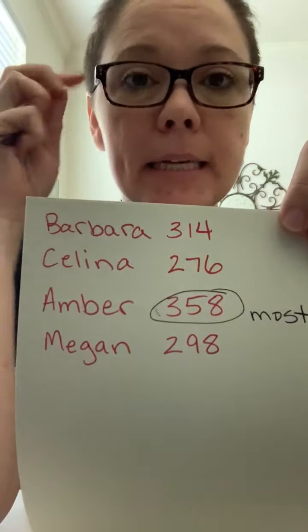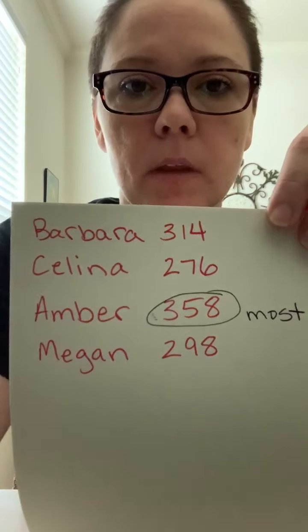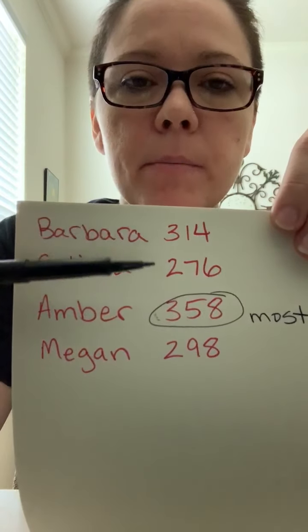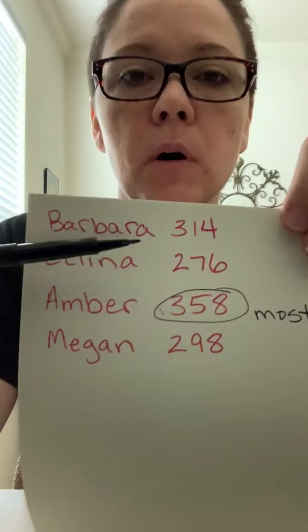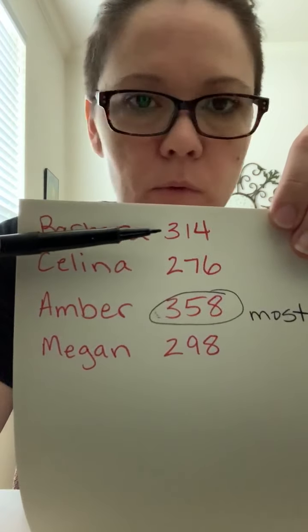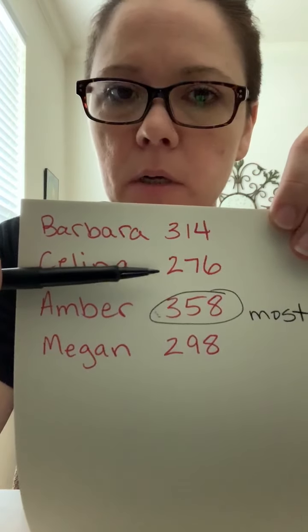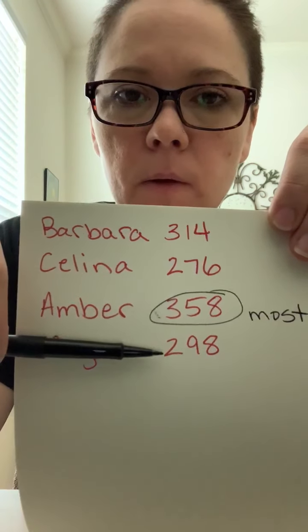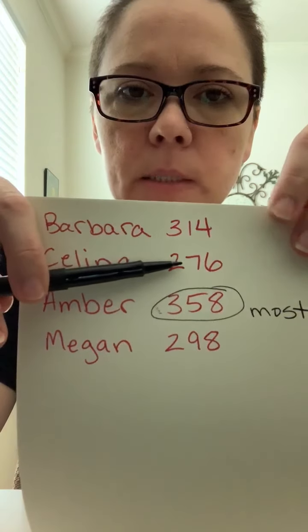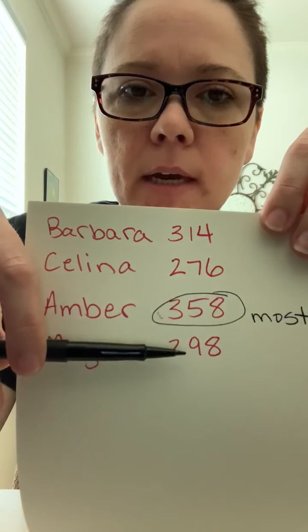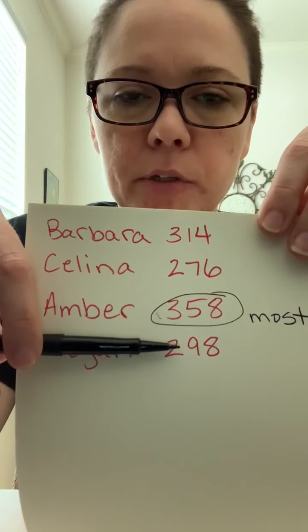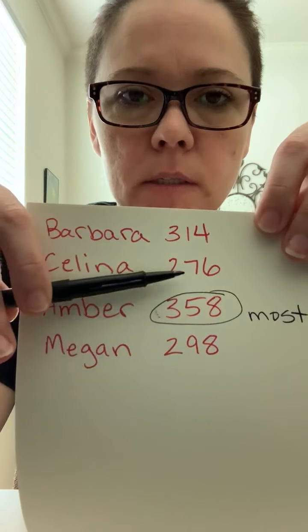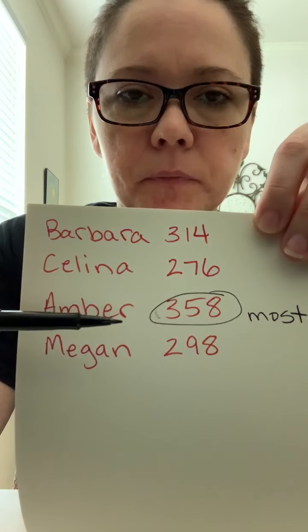Now we want to know who has the fewest. Who has the least amount of pennies? Okay, if we're looking at our numbers, we want to know the smallest number. So 300 is not going to be smaller than 200. So let's look at our 200s. Okay, now to the tens place. We have a 7 and a 9. Which one of those numbers is smaller? 7 or 9?